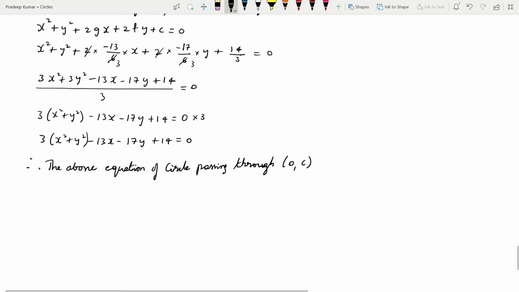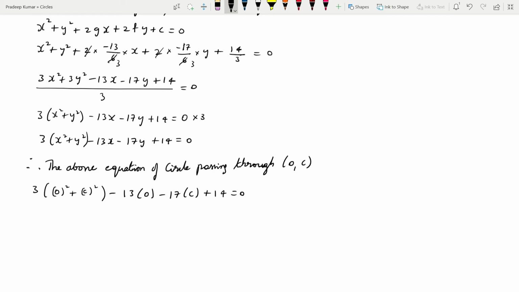In the above equation we'll substitute this 0 comma c and see what we get. So 0 in x place, and c in y place, minus 13 into 0 minus 17 into c plus 14 equal to 0.